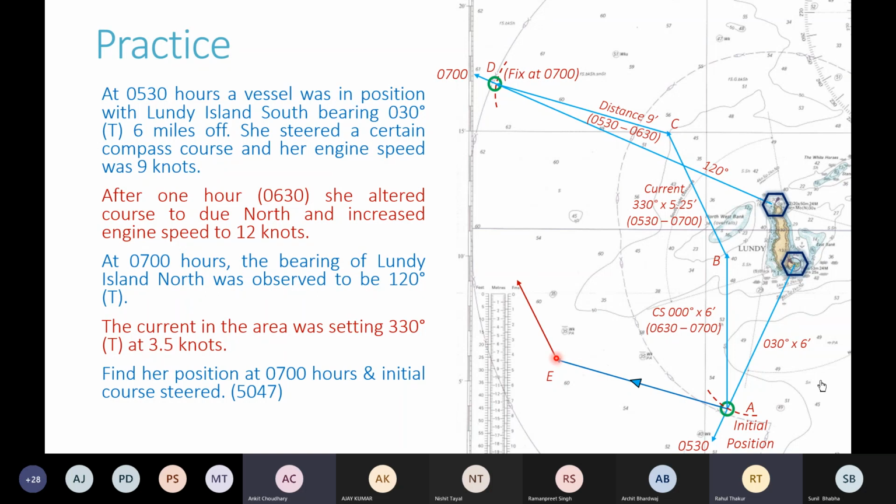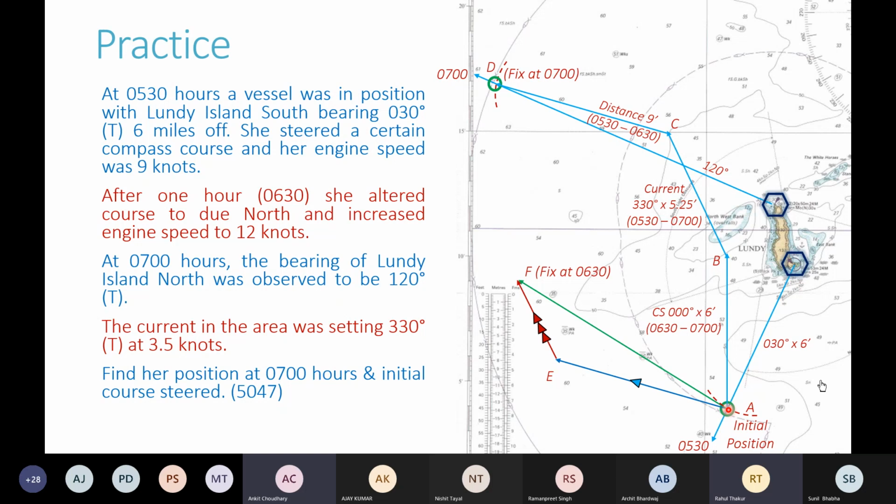I am making a 1 hour triangle in the beginning. So let's mark it with 3 arrows, the symbol for current vector. Now once this current vector is plotted, the point where it ends, let's name that point as F. F is our fix at 0630.